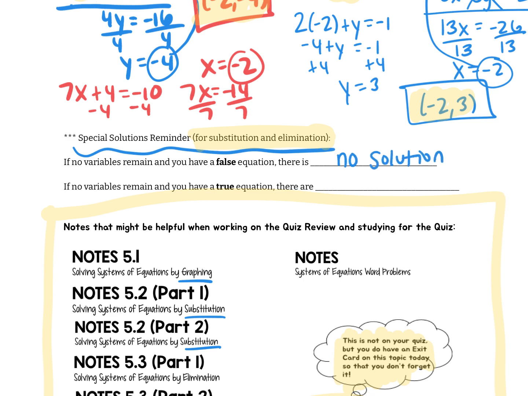If the variables go away, so no variables remain, in other words, and you have a true equation, then there are infinite solutions. Remember, you can use symbols for these as well. So no solution, sometimes we write it like this, and then infinite solutions, I'm okay with you writing it like that.